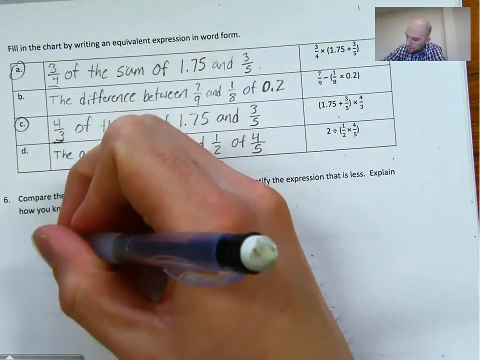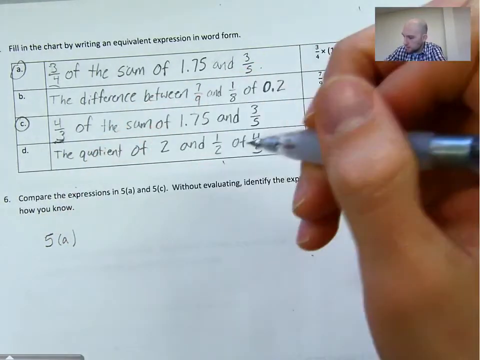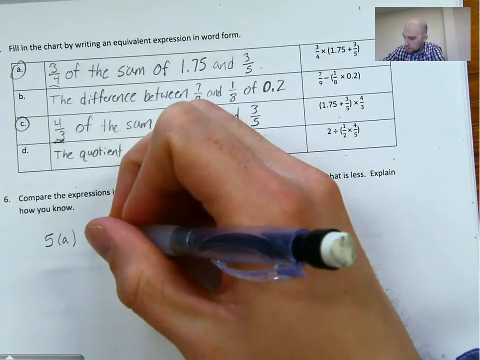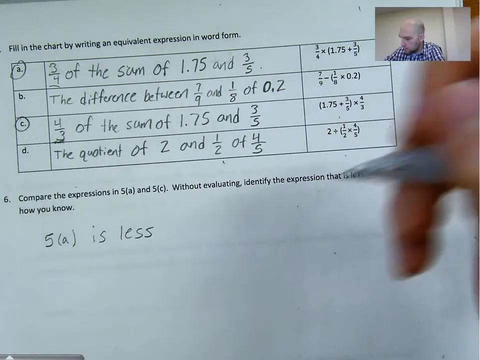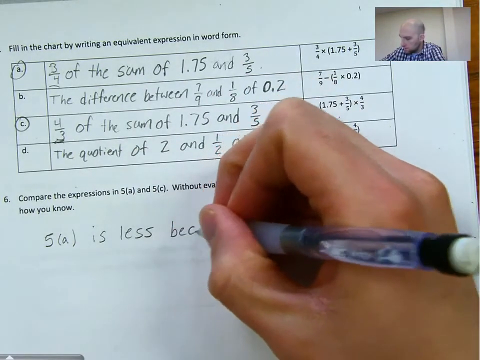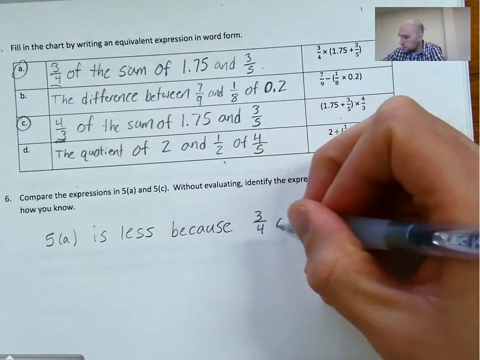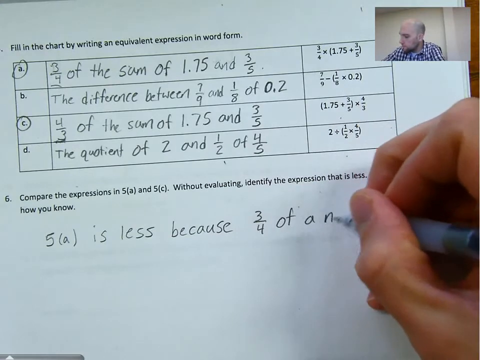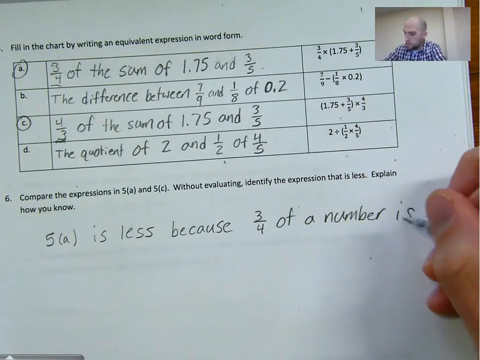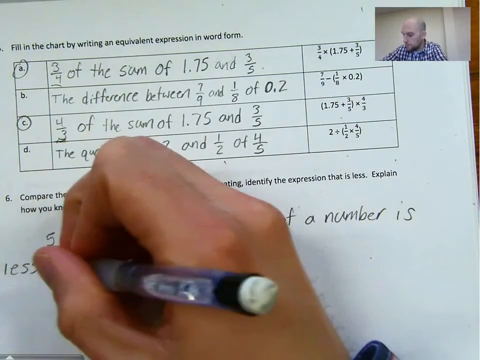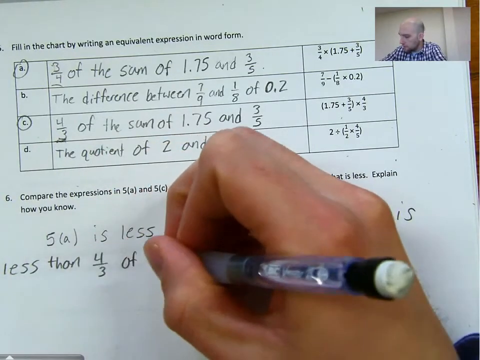So 5A is less because 3/4 of a number is less than 4/3 of that same number.